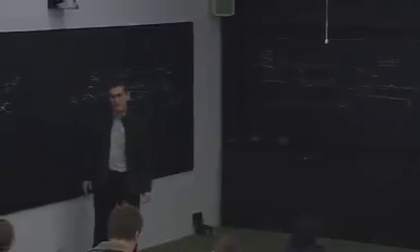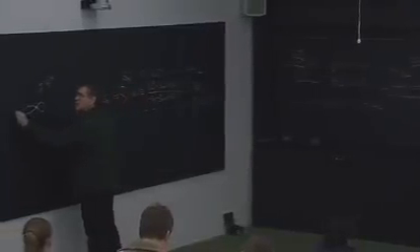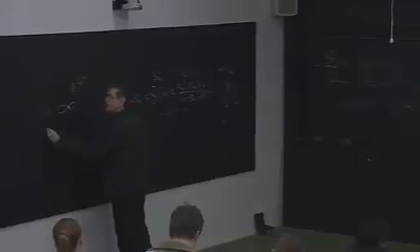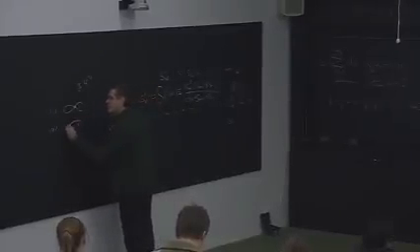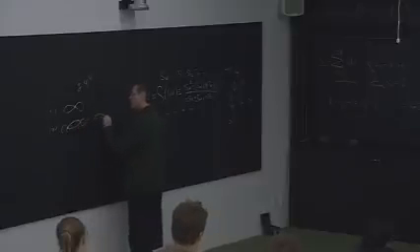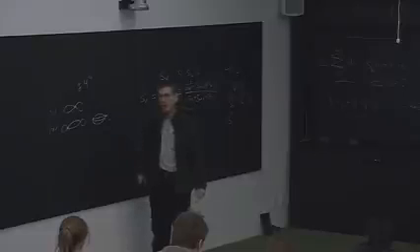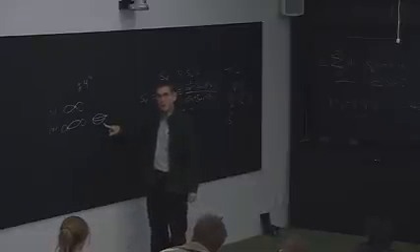For example, if we're summing up a phi to the 4 theory, all the diagrams with one vertex, there's only one of them. It looks like an infinity. So this is first order in perturbation theory. Then we write down all the diagrams with 2 vertices, and there are 2 of them. This is a 4-legged spider doing push-ups on a mirror.